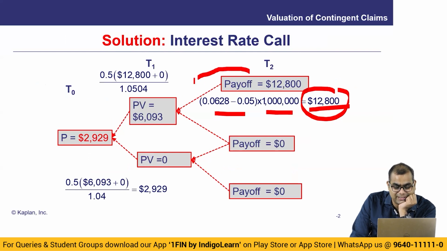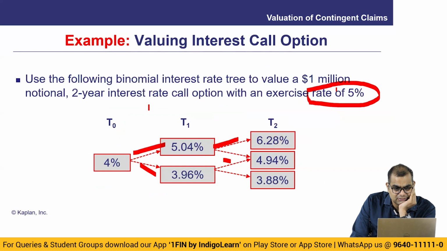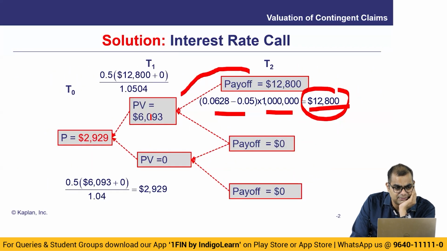Let us assume it is a 50% probability. The probability is 50% or something like that. So 50% times 12,800 divided by 1.0504. So you get a present value of 6,000 here.